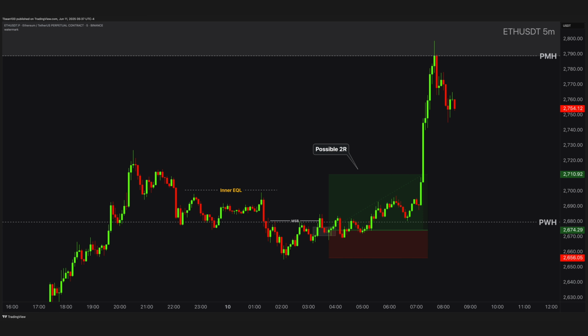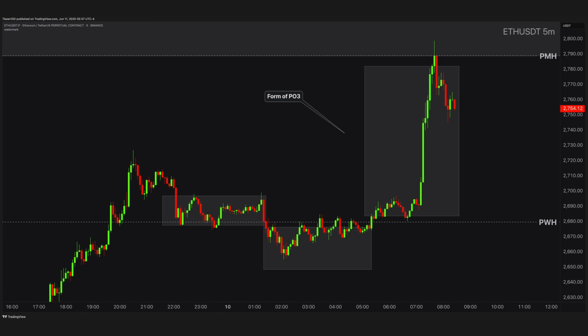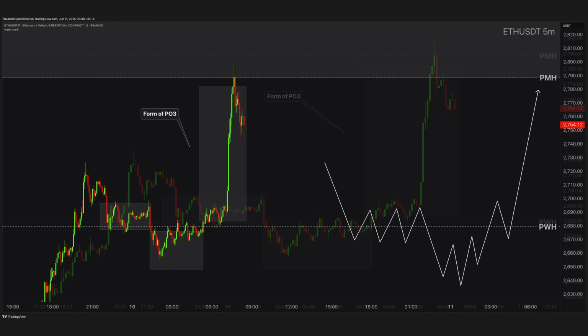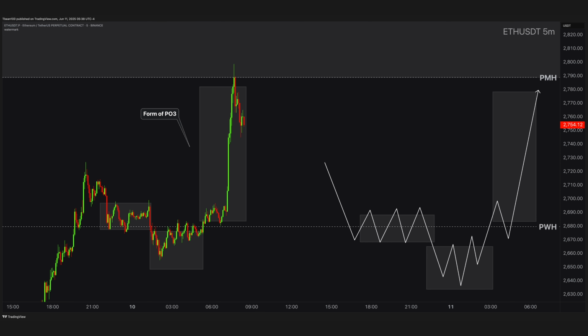All this is okay, I'm sure you're seeing all this, and it all makes sense. But what is really happening here? What actually happens here is an inner PO3, the power of 3, a sequence-based price movement: accumulation, manipulation, and finally the distribution. Since many of you may have a hard time trading this, I know that.